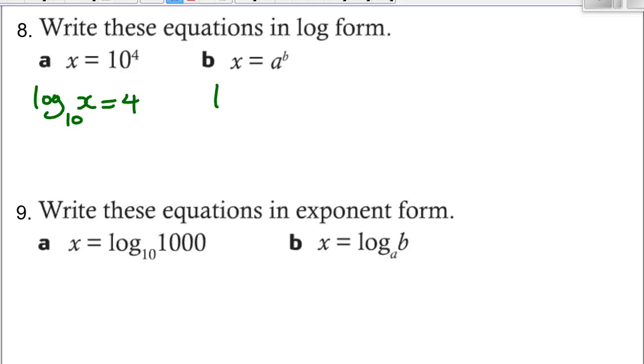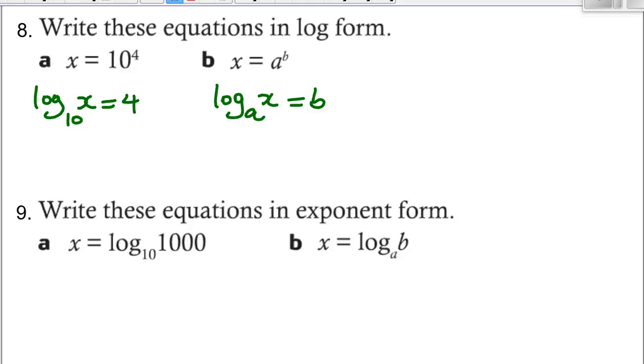Here, log to the base of a of x is equals to b. This conversion is actually in a formula booklet. So if you have a question that involves conversion in the exam, please refer to your formula booklet. They do show you how to change from logarithmic notation to exponential notation.